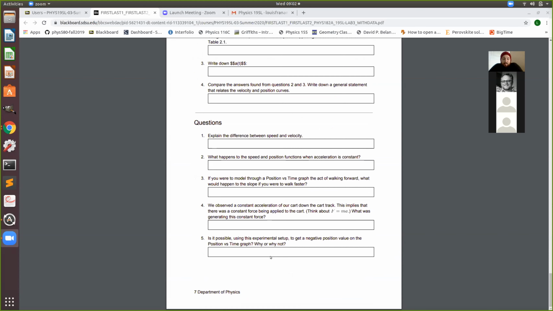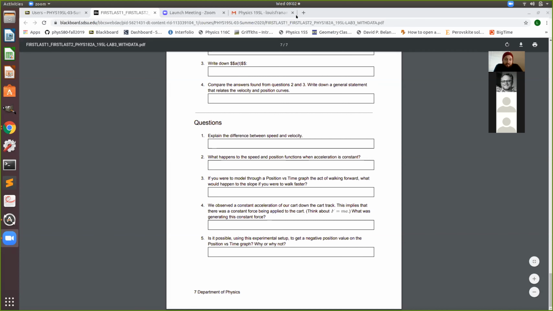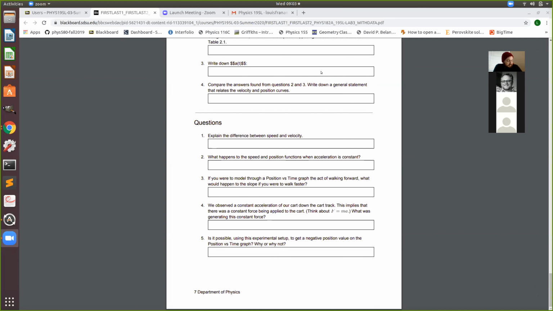I could put 0 on the bottom of the graph, or I could put 0 at the end, when I hit the bottom of the track, and then I can start at negative whatever it is, right? Negative 80 centimeters or something. So, is it possible to get a negative position value? Absolutely. It really just depends on where you decide to say your 0 is, which is completely up to you. All that really matters is that you're consistent.